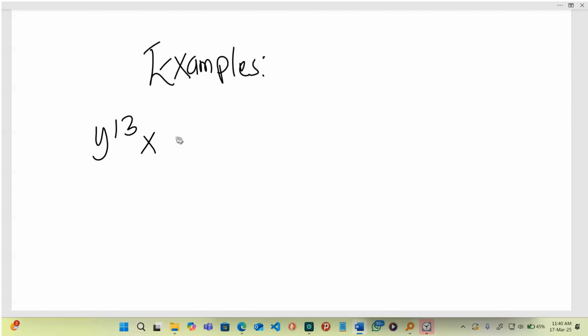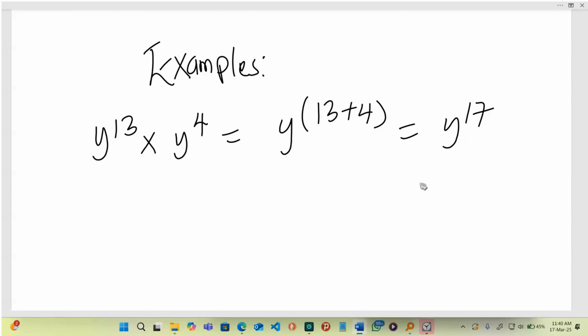Let's look at examples. If I have y to power 13 times y to power 4, this is the same as saying y, they are the same bases, to power 13 plus 4. And this is equal to y to power 17. Good.